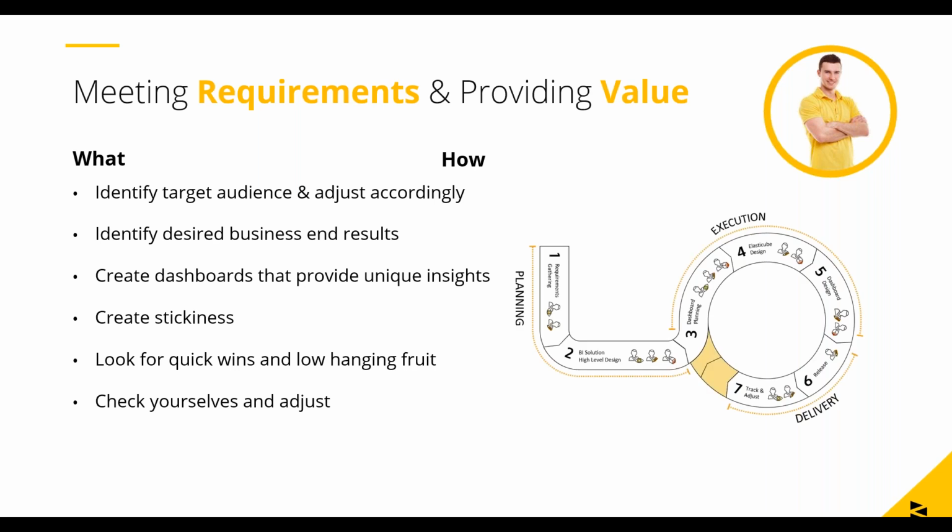And how do we do that? I mentioned our BI methodology, which is basically relying on three main phases. The first one is planning. You have a planning phase where you need to gather the requirements and do a high-level design for the dashboards, how they will look, and for the Elastic Cube. Then you start the execution part, where you do the actual building of the Elastic Cube and the dashboards.